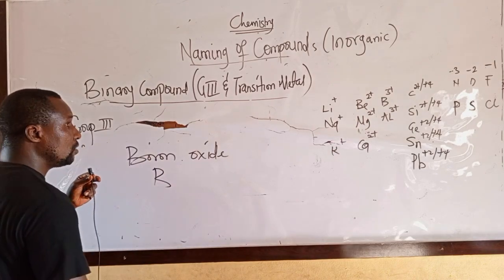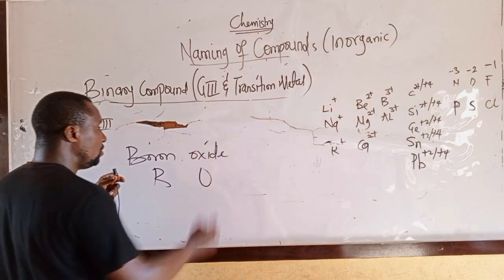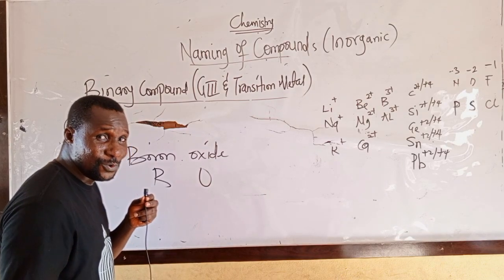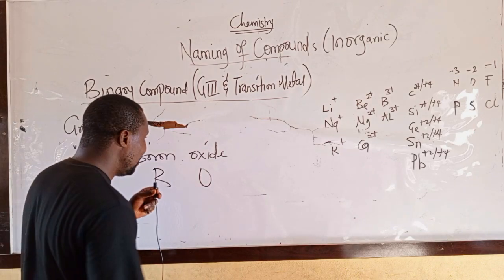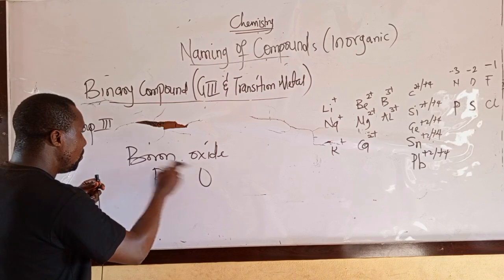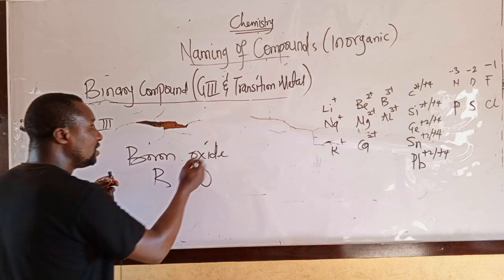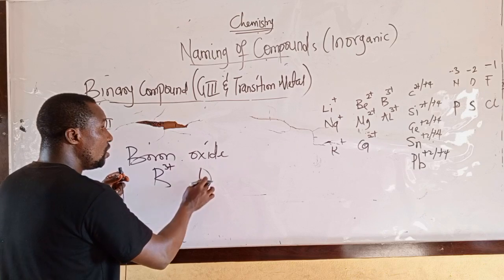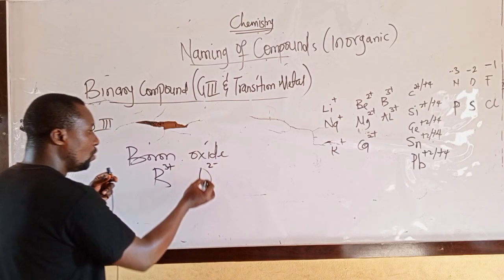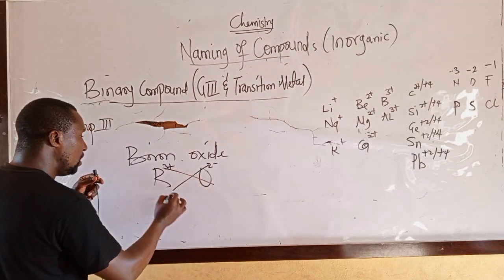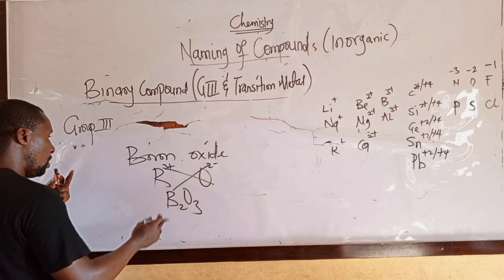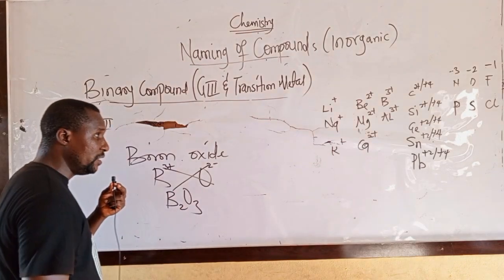Boron is B, oxygen is O, not 0. We are in chemistry, not 0. Oxygen, O, boron, B. Boron is +3. Oxygen is -2. What happened? This comes here, this goes here. You have B2O3. This is boron oxide.